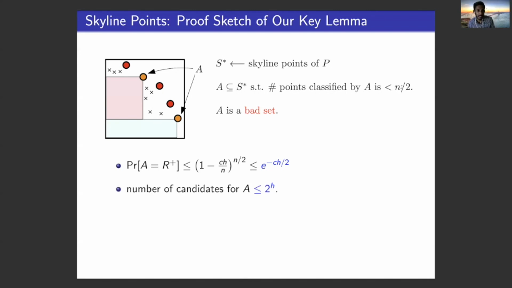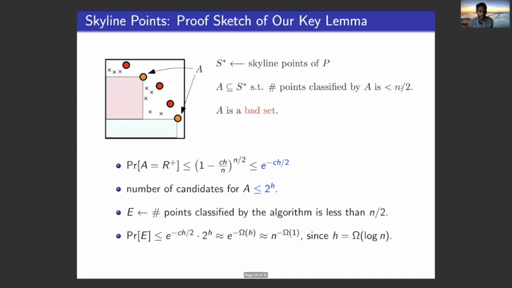And then, how many such bad sets could there be? We just trivially upper bound by 2 to the h, which is basically all possible subsets, since the size of S star is h. And then this is the bad event E: at the end of the iteration, the number of points classified by the algorithm is less than n over 2.